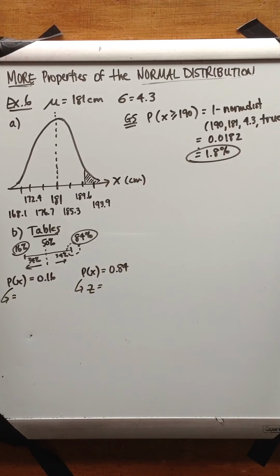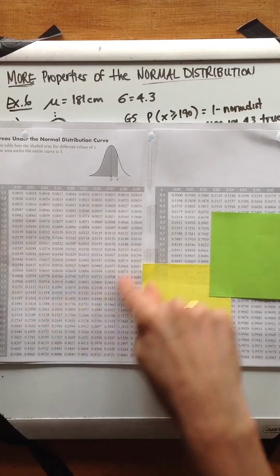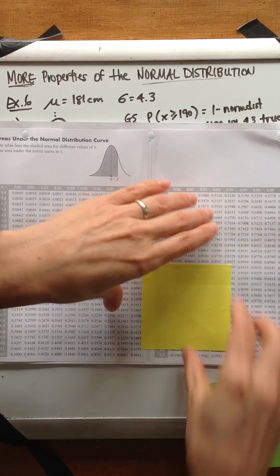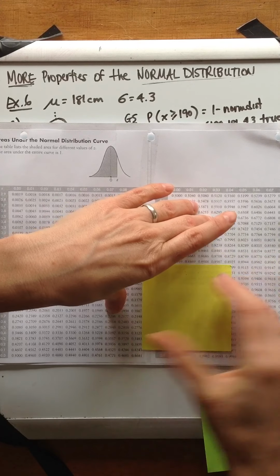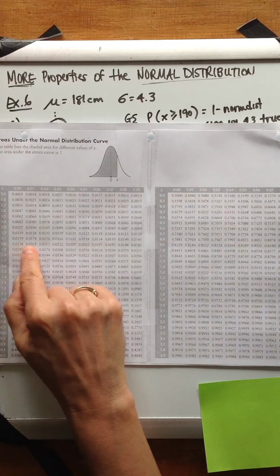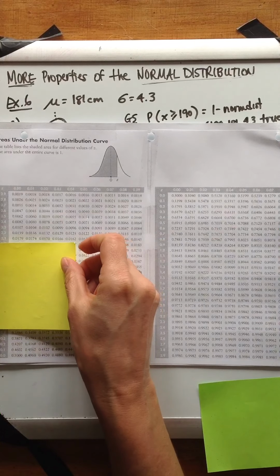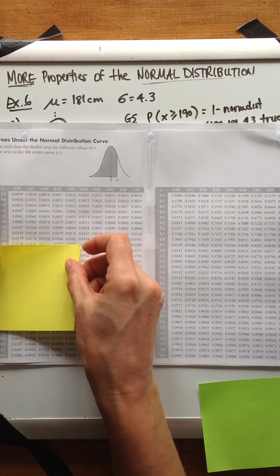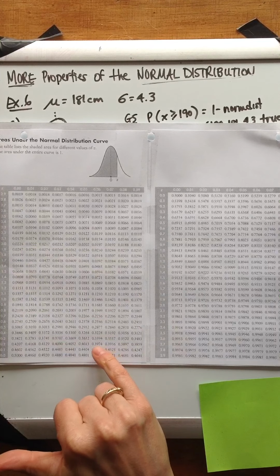So let's do that. So 0.16 will be on this side, and if I, again, read it like a book until I get to 0.16, let's see. Am I doing that right?